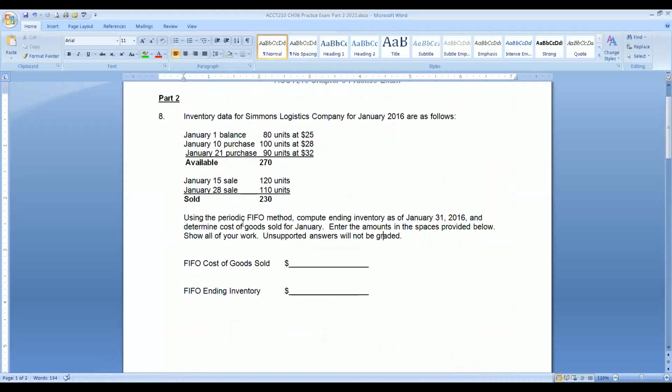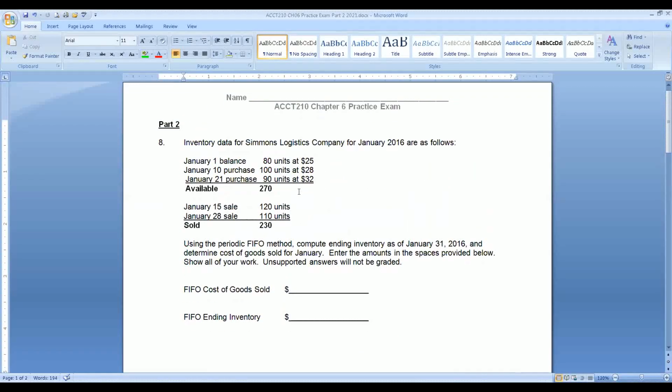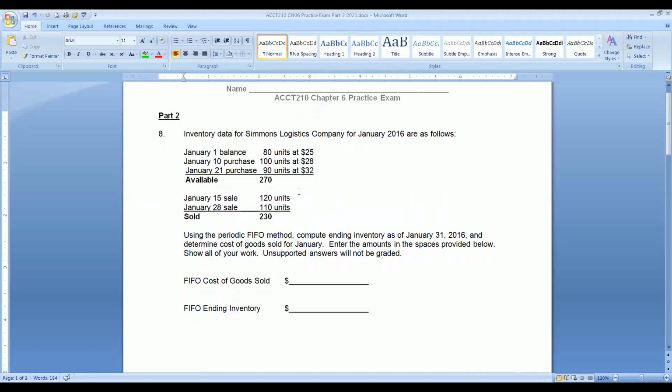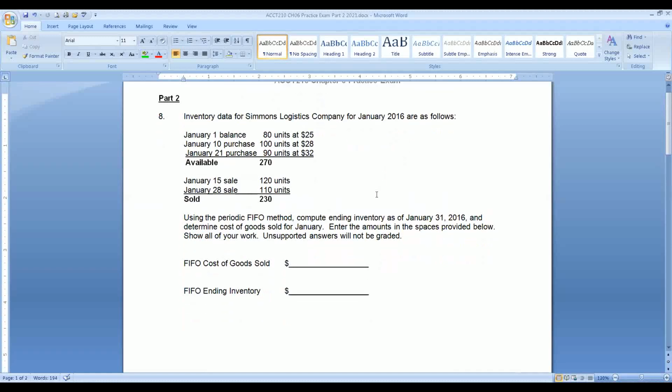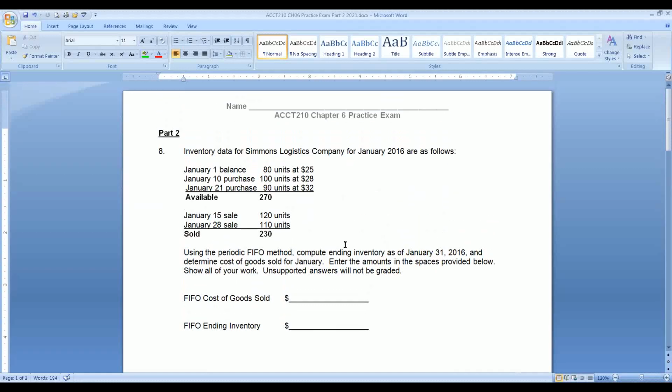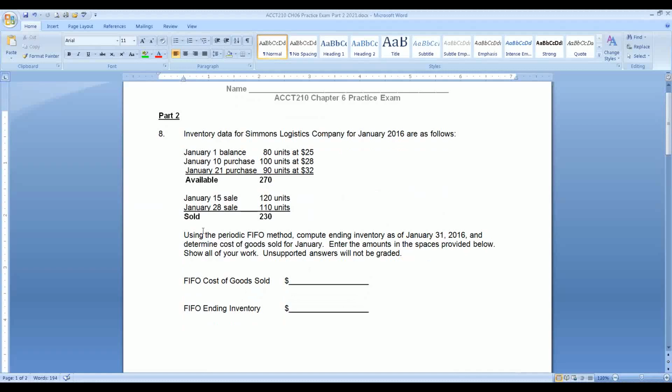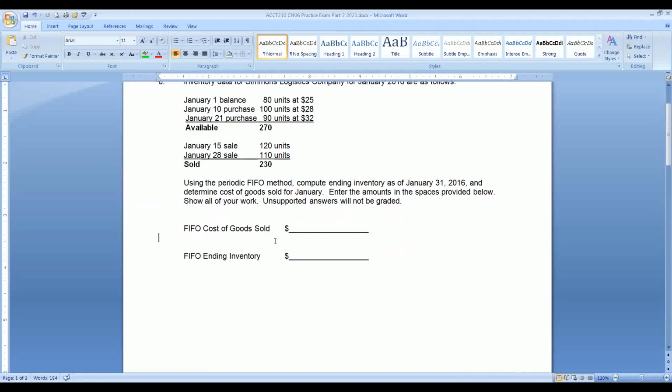Okay, so cost of goods sold, 2016. Lots changed since then, but you know. All right, so I'll do the cost of goods sold first.